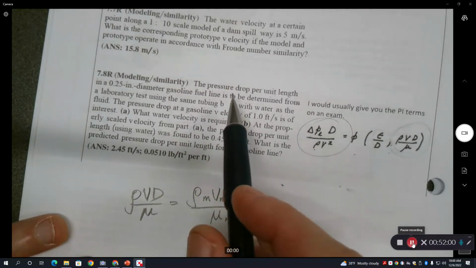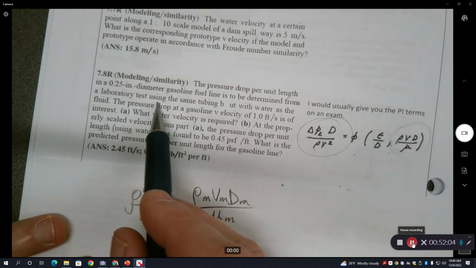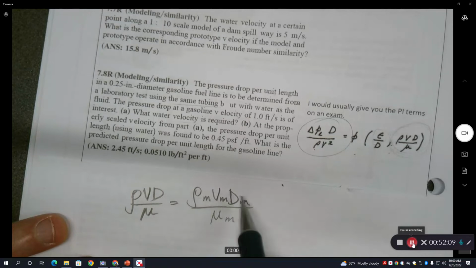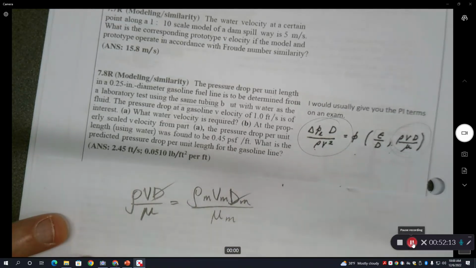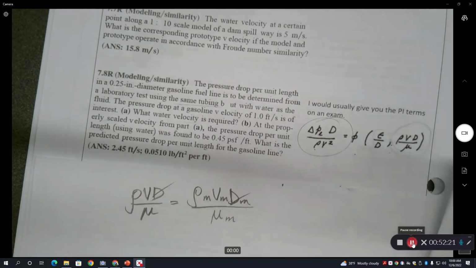They say in the problem that they're going to use the same diameter tubing, so we can get rid of this guy and this guy. As part of that, they're going to use water instead of gasoline. So we have to look up our values for water and gasoline.